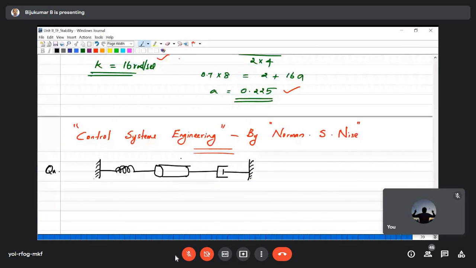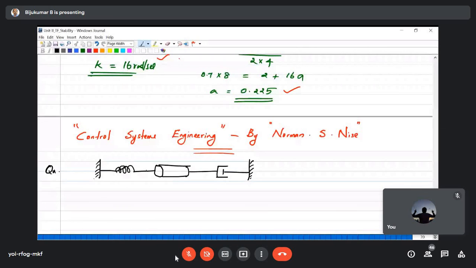Now, I think we have done problems only for translational motion, right? For rotational motion, we have not done any problem. Anyway, it is similar to the translational system. The only difference is that instead of force, torque will come, instead of displacement, angular displacement, and instead of velocity, angular velocity.